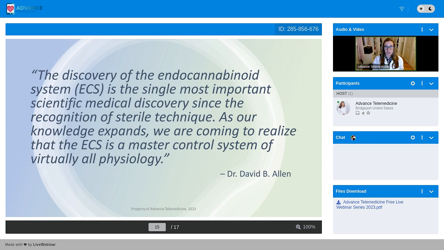He's comparing this to the discovery of sterile technique, which is when people realized killing germs and sterilizing things before surgery, before procedures prevents death, promotes longevity. That was a huge turning point in medicine when things started becoming sterilized. And this is equally as powerful.